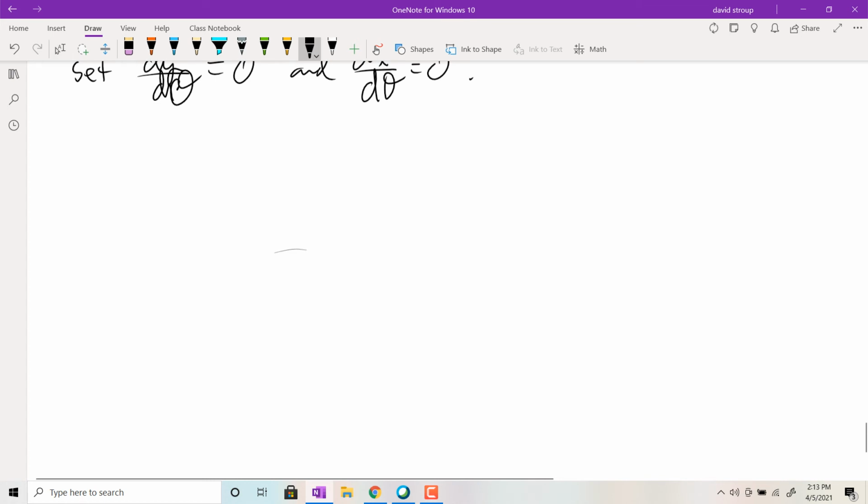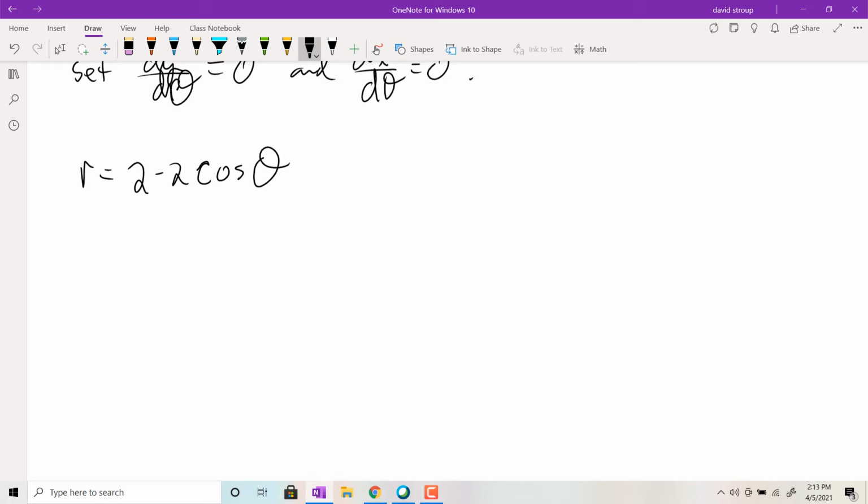Our original formula r is 2 minus 2 cosine theta. So you can't work with this to get the derivative. You have to get the x and y formulas, or the parametric forms.